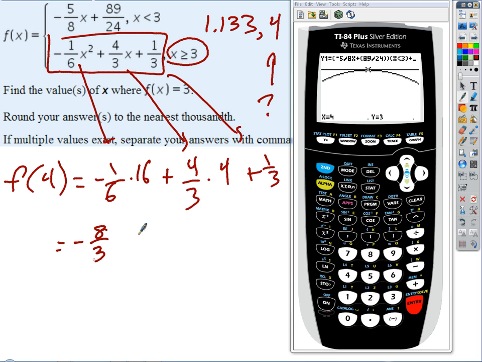Yeah. Plus, what's that? Not 16/3, right? If I multiply, I'm really multiplying by 4 over 1, right? So plus 16/3 plus 1/3. So if I add all those up, I've got common denominator. So negative 8/3 plus 16/3 plus 1/3 is 9/3, which is 3. Okay, so look at that. We found out, yeah, f of 4 is 3.